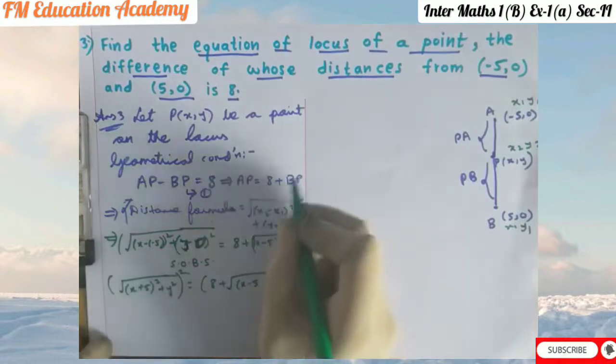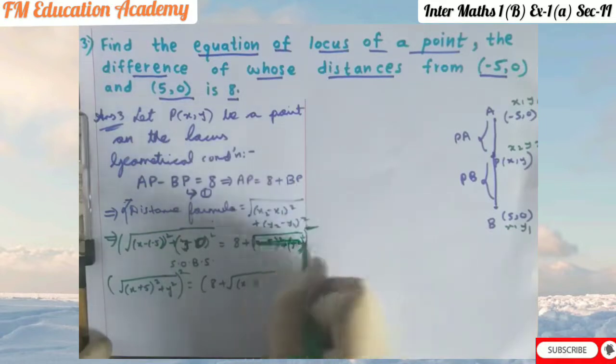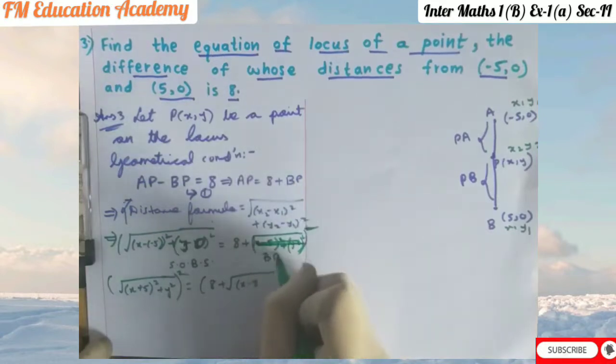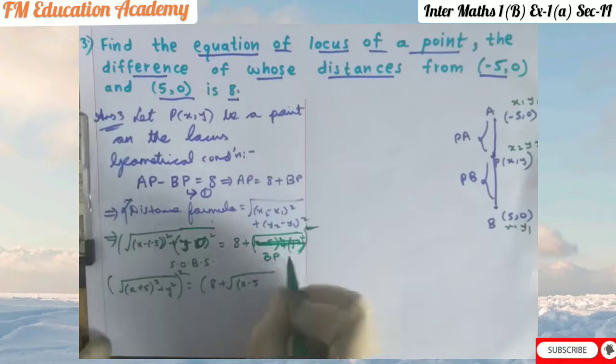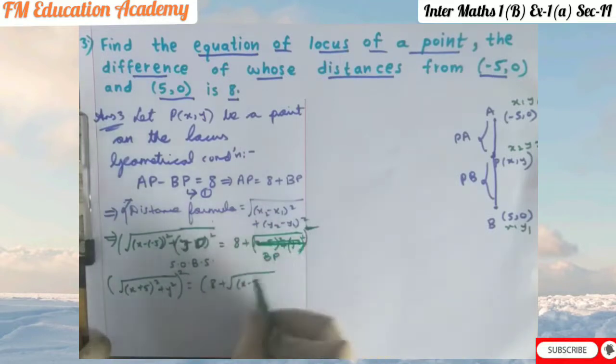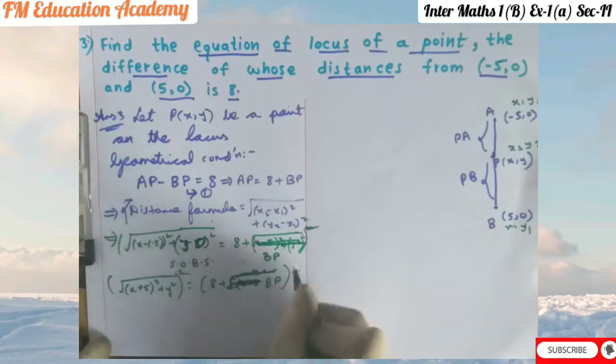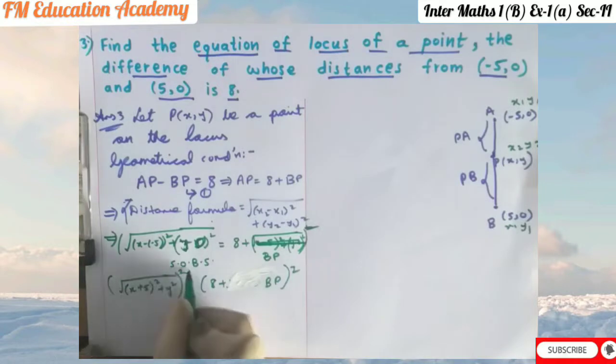First we'll not open this BP, let this BP be BP only, okay? We'll open it at a later stage, because if we open it now it will become complicated. So (8 plus BP) whole square. Root and square will get cancelled.